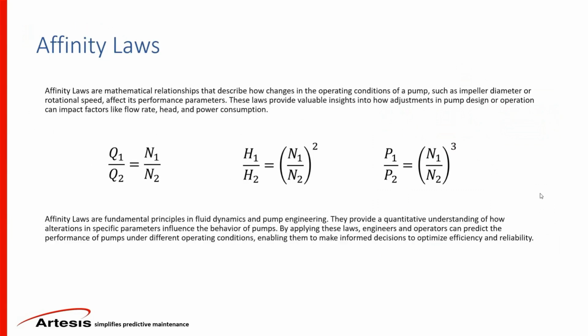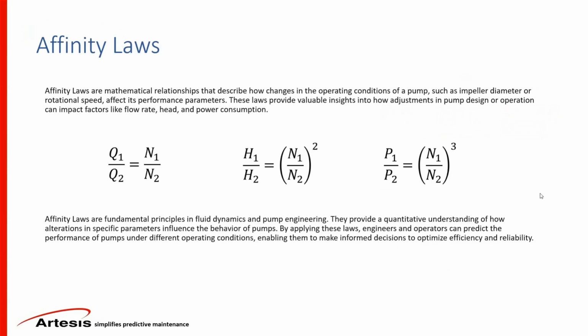Now, we have taken a look at the key parameters of flow, head, and efficiency. And of course, efficiency had to do with the usage of power. There is a relationship between these parameters and the speed of the pump, assuming that the impeller size remains constant.